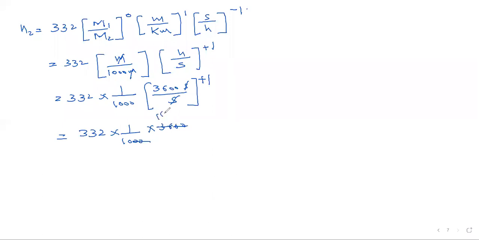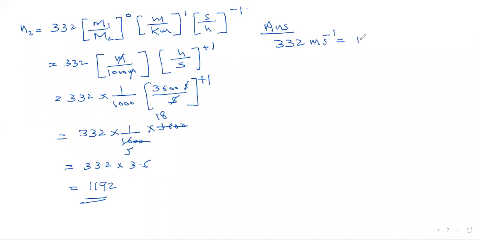This is 18 by 5, or you may say this is 332 into 3.6. Am I clear? Yes, sir. So when you convert this, it is 1192 kilometer, 1192 or 1195. So your answer is: 332 meter per second equal to 1195 kilometer per hour.